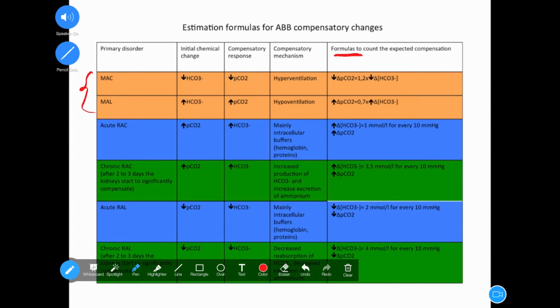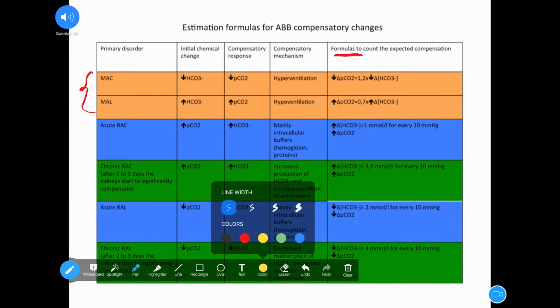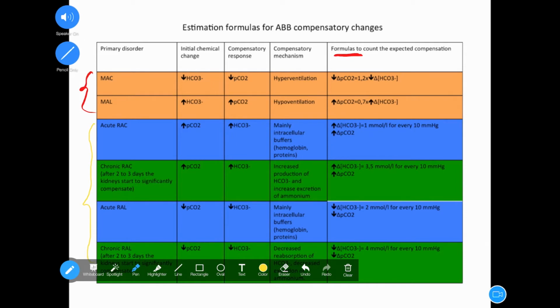In contrast to this, in case of respiratory problems, so this is respiratory and this is metabolic, either if you're hypoventilating or hyperventilating, you can have two speeds, because the kidneys are able to adapt over a few days.